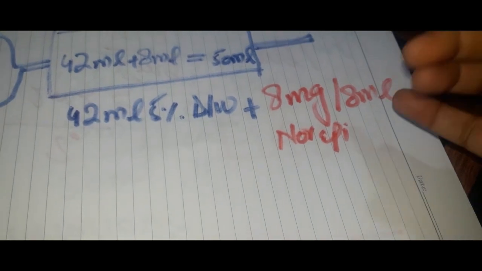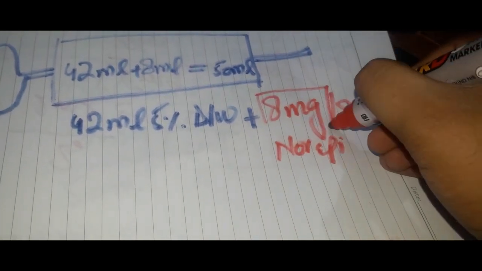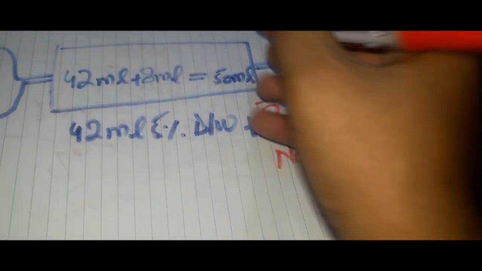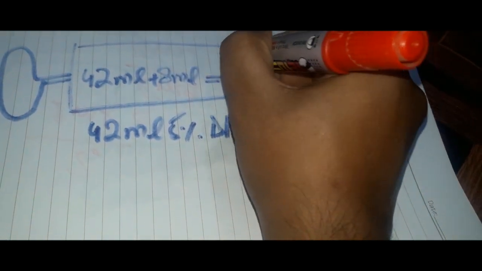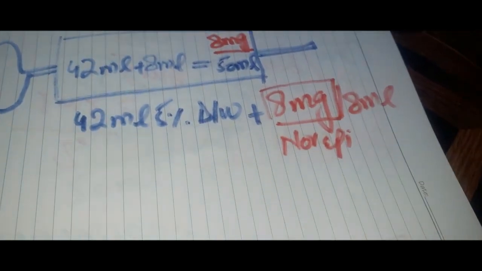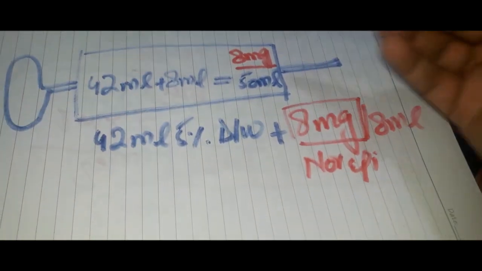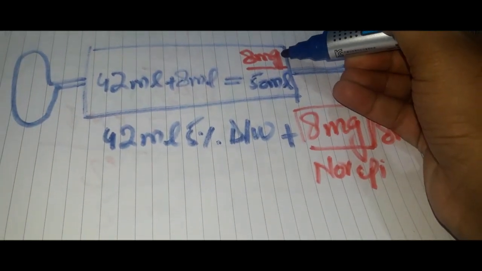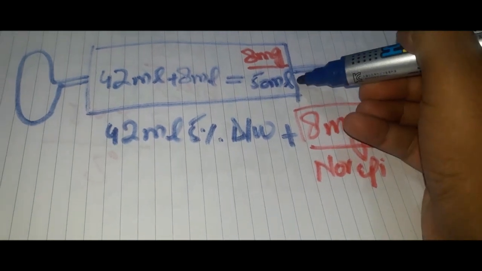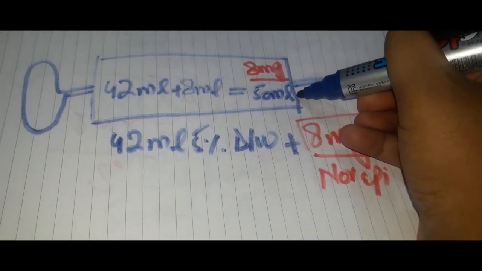And the total amount of drug which is present in this syringe is 8 mg. So it means in your whole syringe the total amount of medicine is 8 mg and total volume is 50 ml.